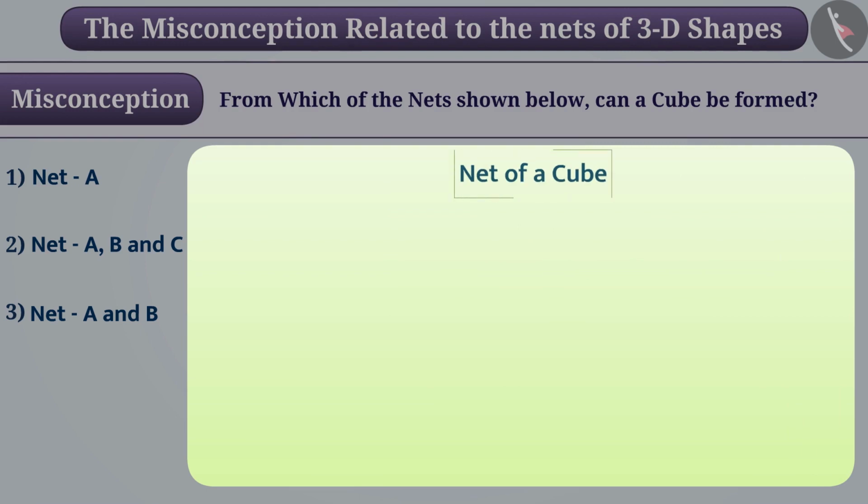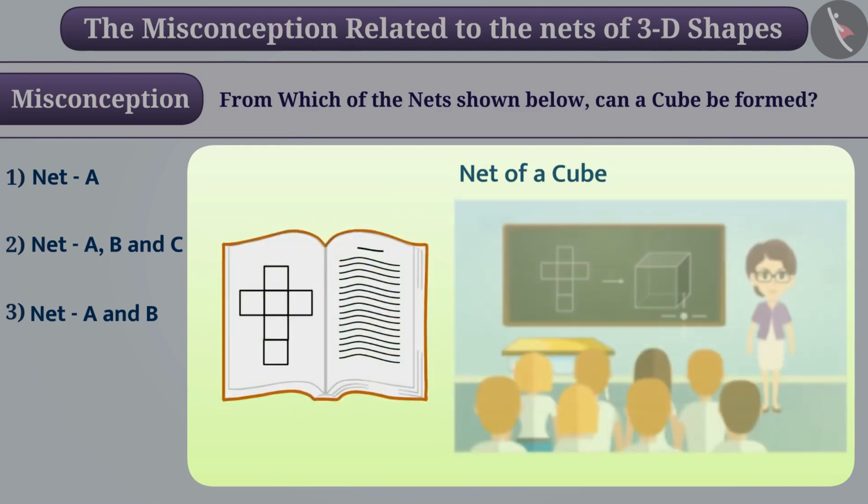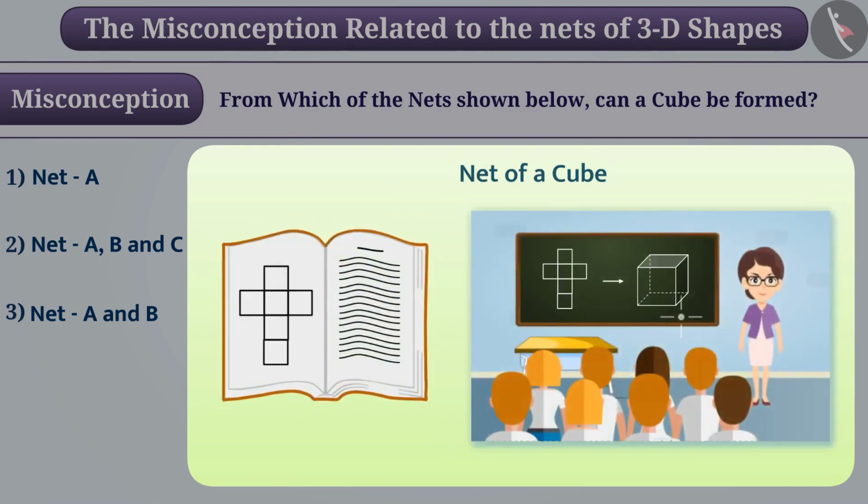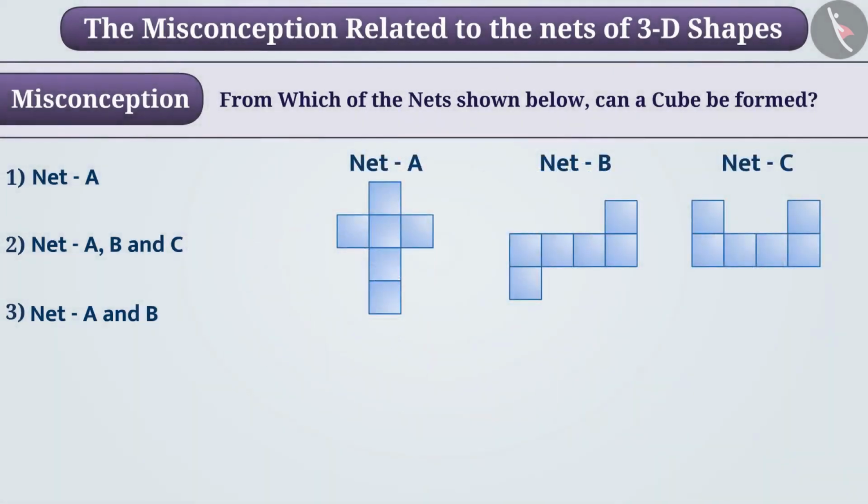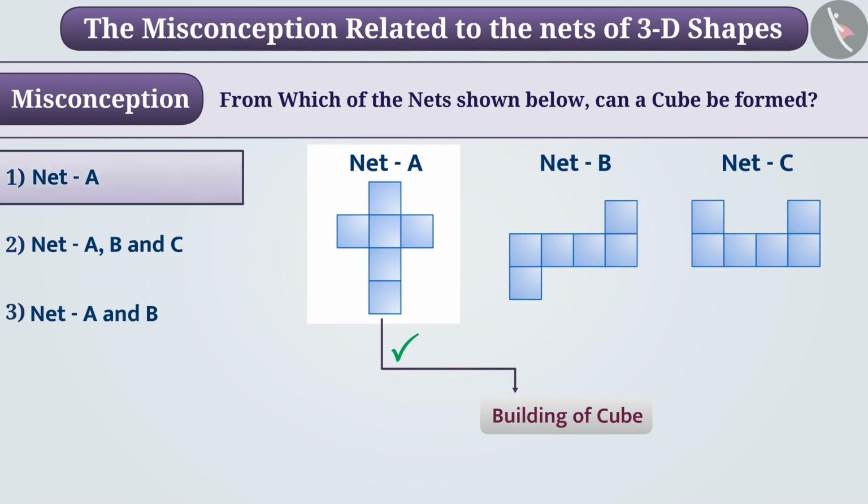The first net is often used in books to teach the cube net. And while teaching, it creates the misconception in children that a cube can be created only with this net. So they give option 1 as answer, which is a wrong answer.